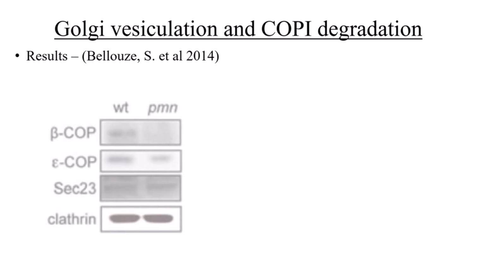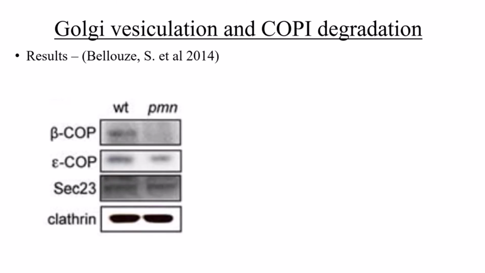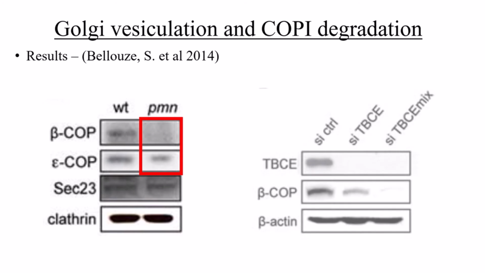And using Western blot, they looked at the relative levels of these proteins in the wild-type and PMN mouse, and they found that there was a reduction in the COPI proteins, the beta COP and epsilon COP subunits in the PMN mice as compared to wild-type. Using a different cell line, they also looked at TBCE and how that affects beta COP levels. So they used short interfering RNA to knock down TBCE, and they found that in doing so, they also reduced beta COP proteins.